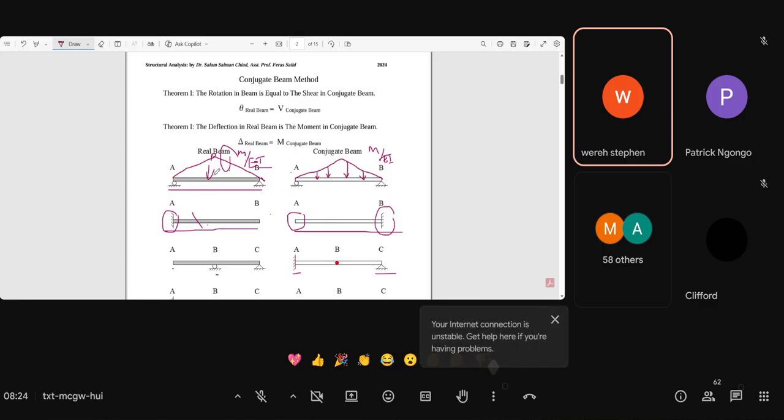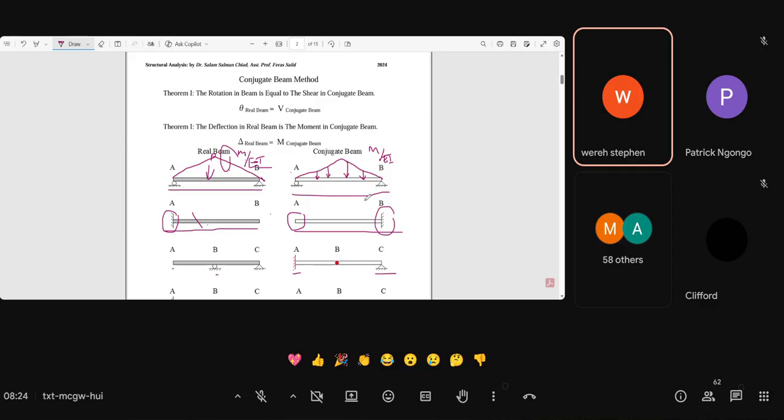In this case, because the load is a point load at the center, the bending moment diagram is going to be triangular. Then take that bending moment diagram or values, divide them by EI, then transpose them on the conjugate beam. So now I've divided by EI to become the load on the conjugate beam.